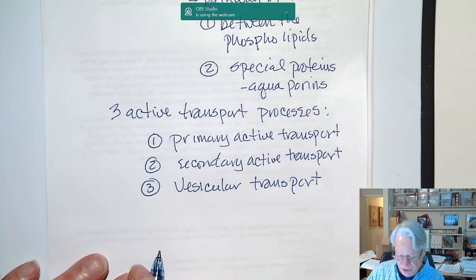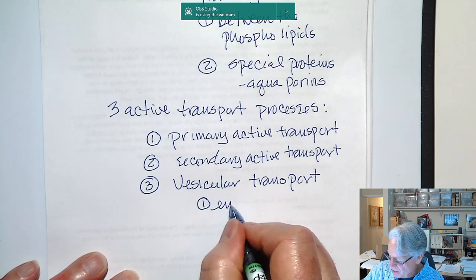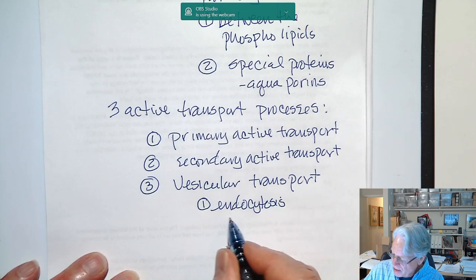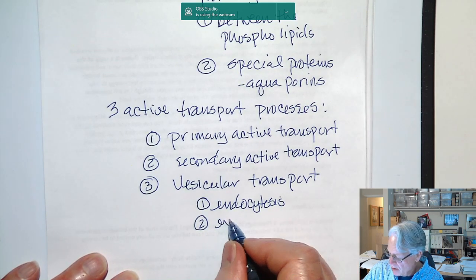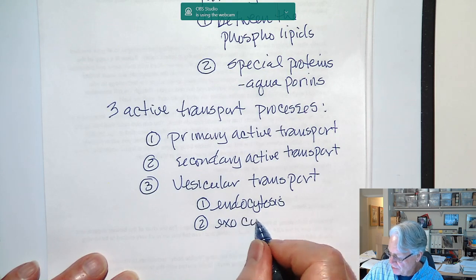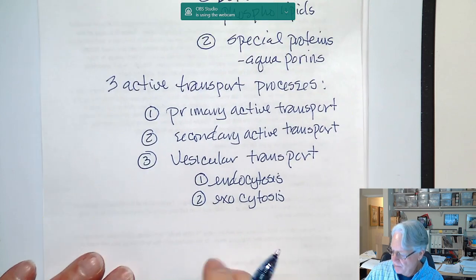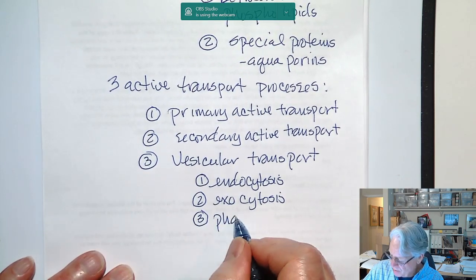Now, under vesicular transport, we can break this down further into endocytosis into the cell, exocytosis out of the cell, and the third form is phagocytosis.